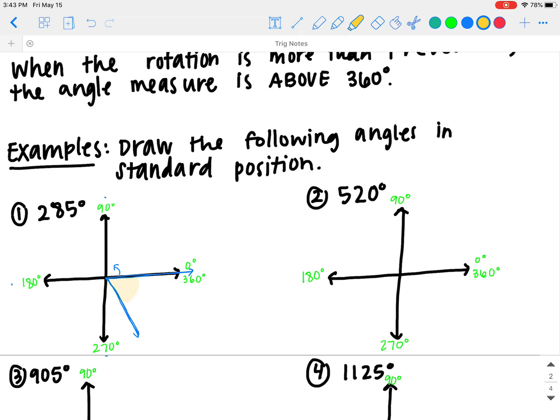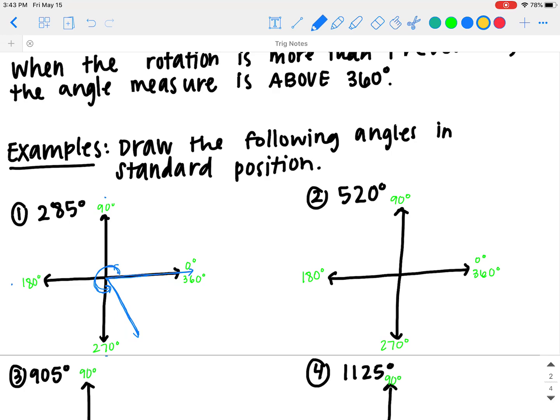But it's not, because a positive angle always opens counterclockwise. So if you look at the arrow that I drew in blue here, this is really the angle right here. It's very big. It's almost a whole rotation. That's a 285-degree angle.